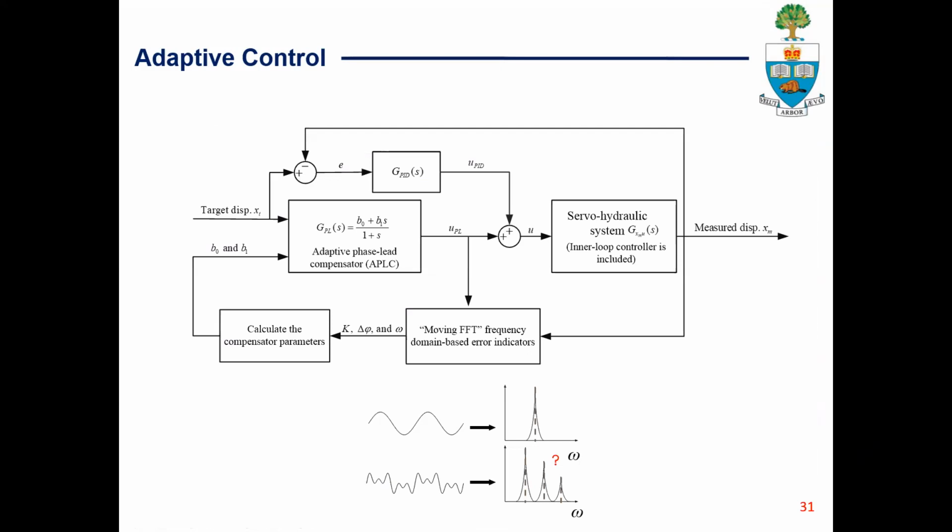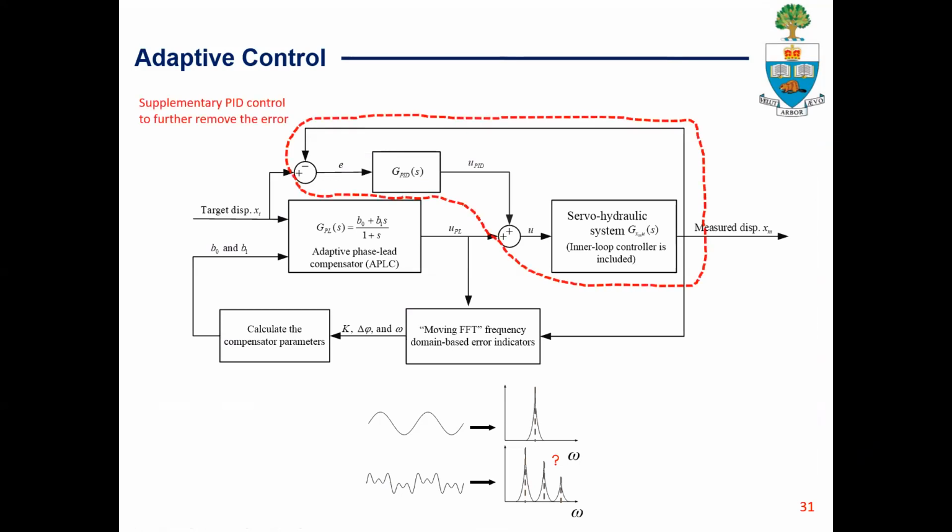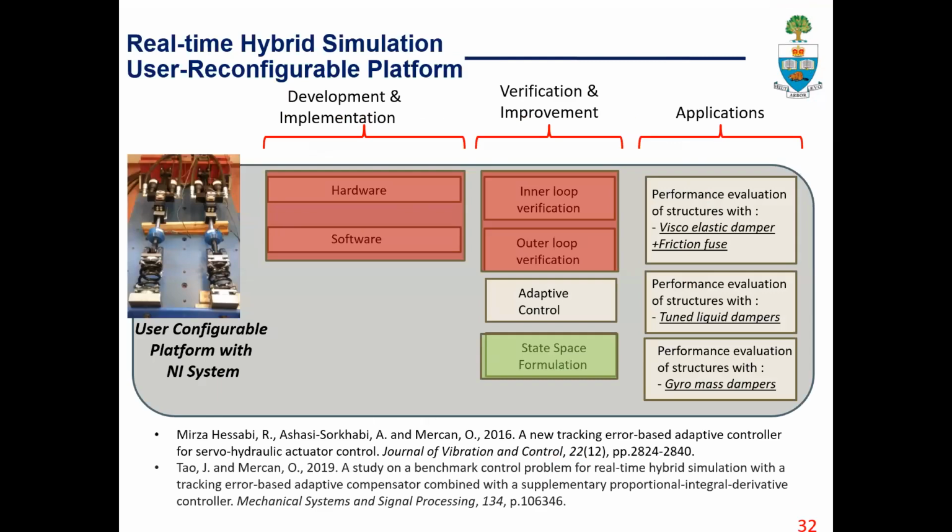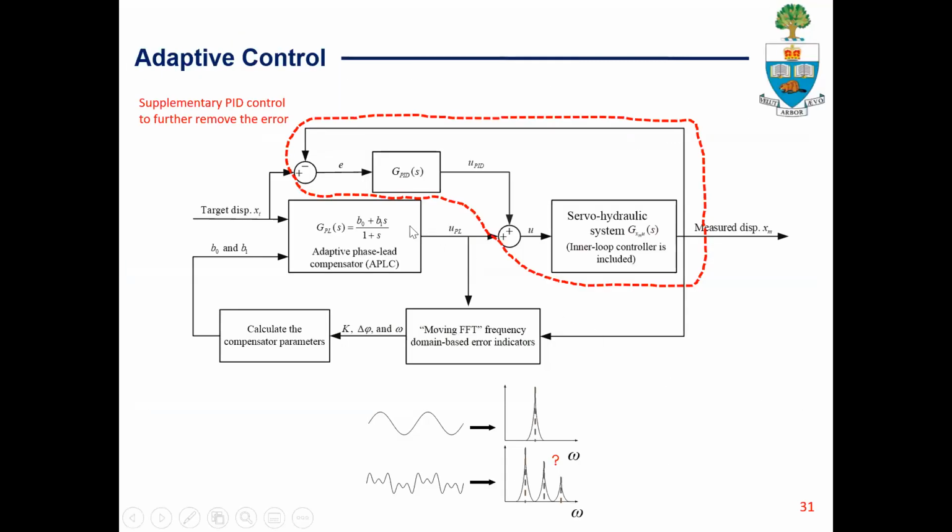In this slide, I'm going to show you an improved version of this adaptive controller. The main difference is that we are introducing a supplementary PID control to further remove the error. Because when we look at the details of this formulation, the frequency-based tracking indicators target the fundamental frequency of the signal, and quantify the error based on the fundamental dominant frequency.